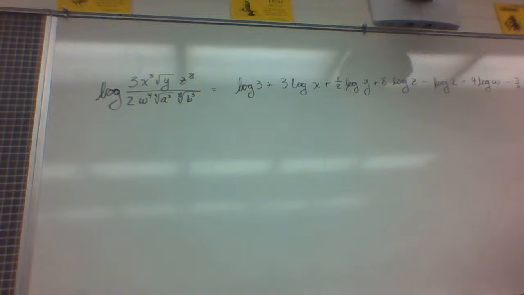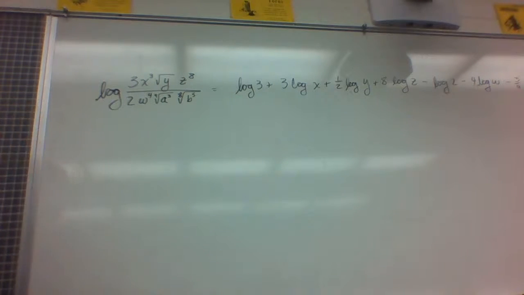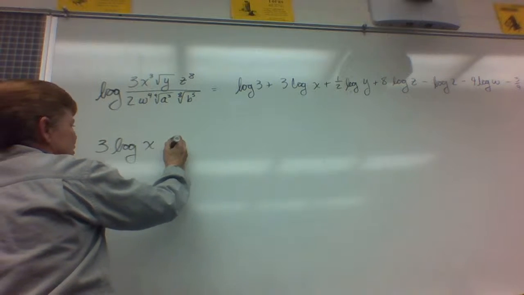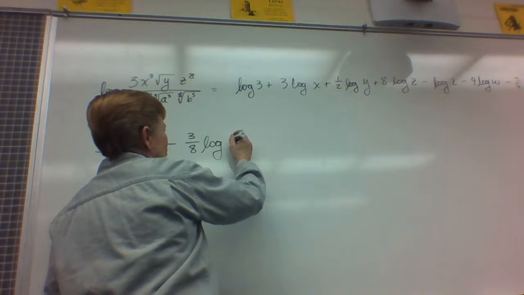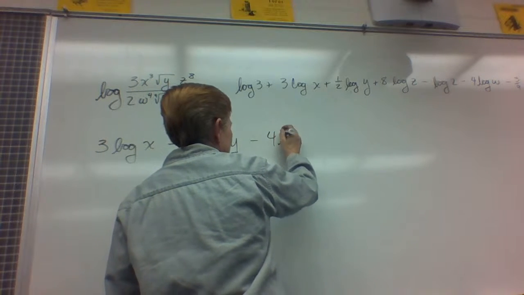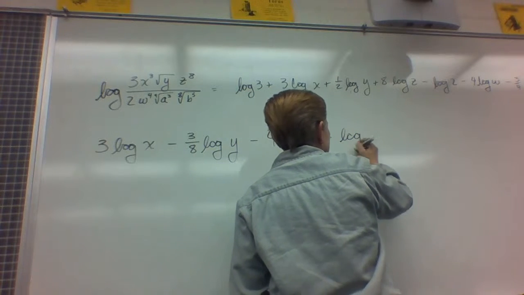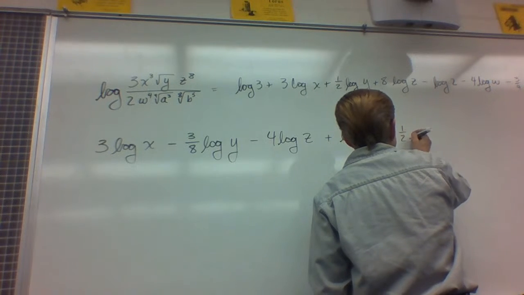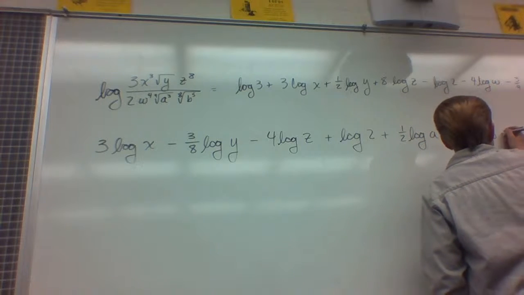Now, let's take one while we're over here on this very same video set. Let's take a really, really long one and see if you can condense it. Let's say we have 3 log x minus 3/8 log y minus 4 log z plus log 2 plus 1/2 log a minus 4 log b plus log c.